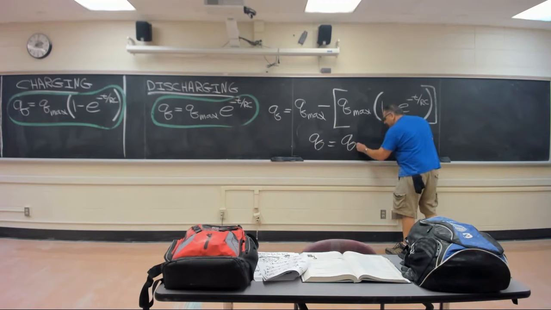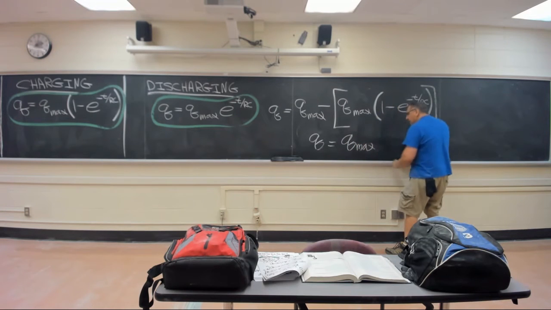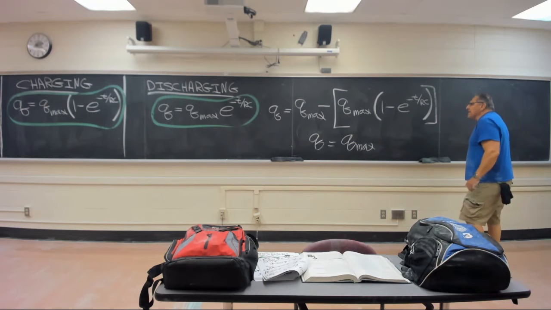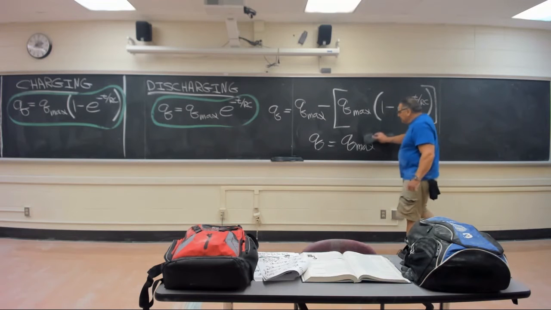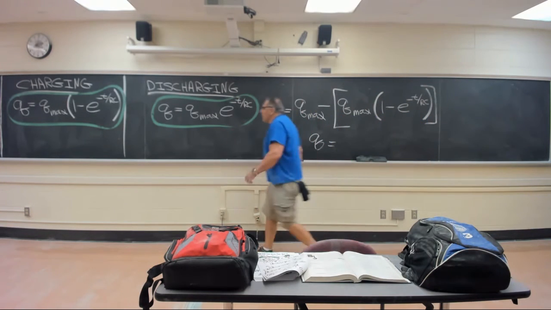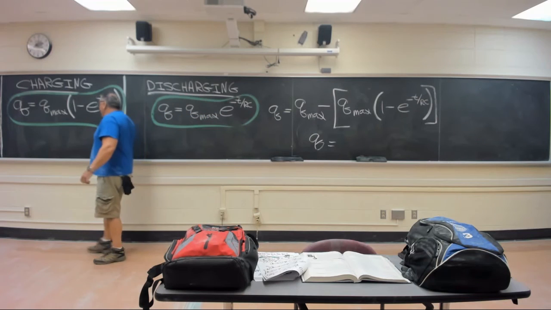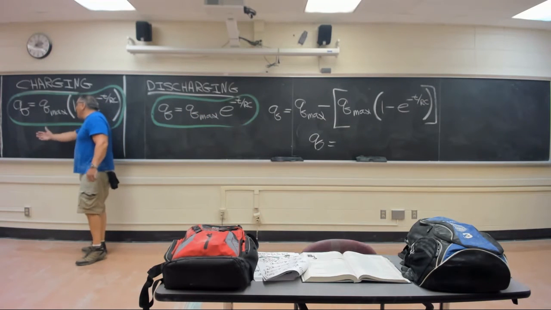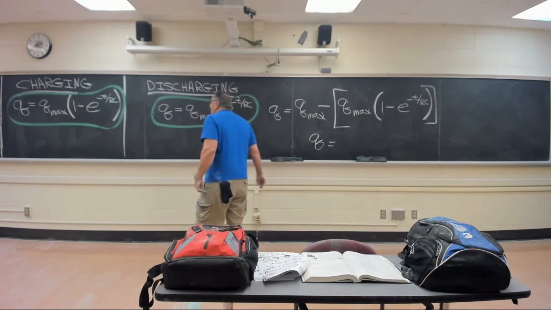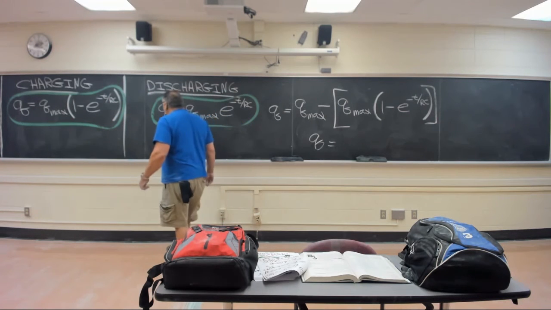Q max is what it is. So what happens is, if this is how you proceed to charge something up, to discharge it, it'll discharge with the same kind of rate.